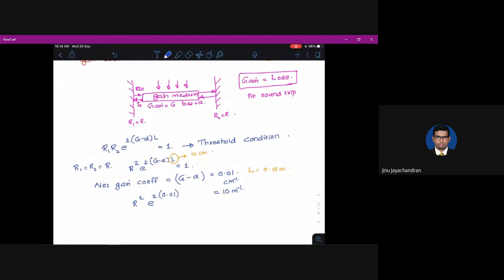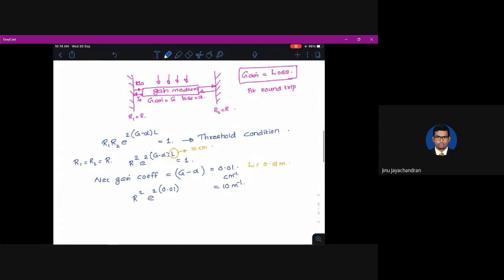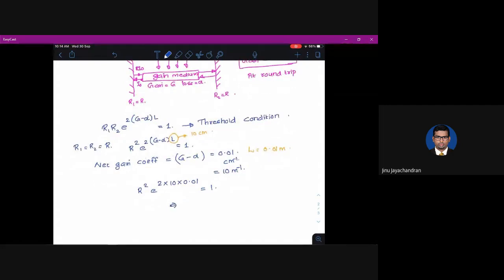Make sure everything is in the same units before you substitute. So I can substitute this as R square e raised to 2 into 10 into 0.01 is equal to 1. So can you find out what is the value of R?